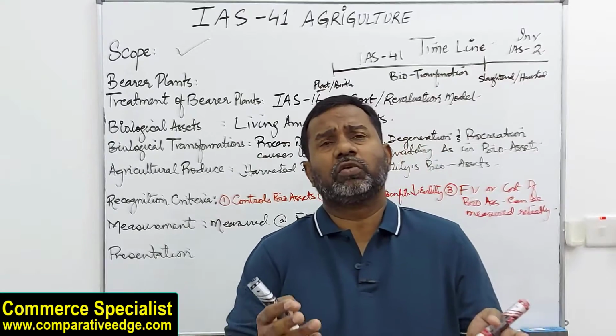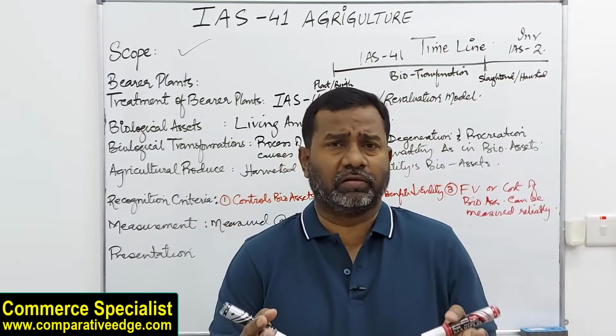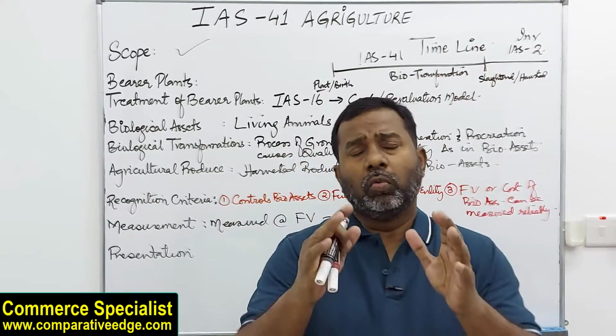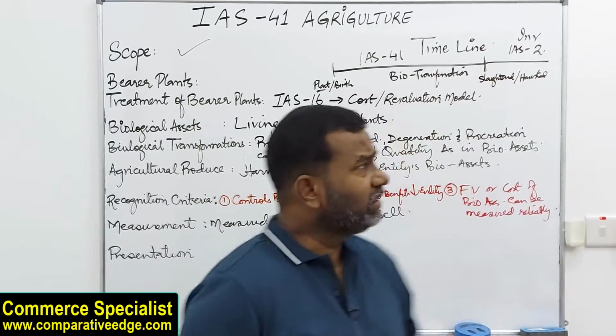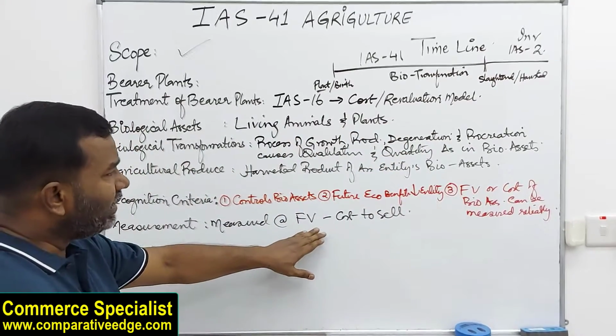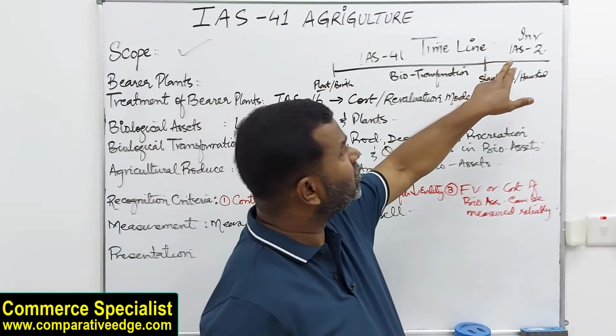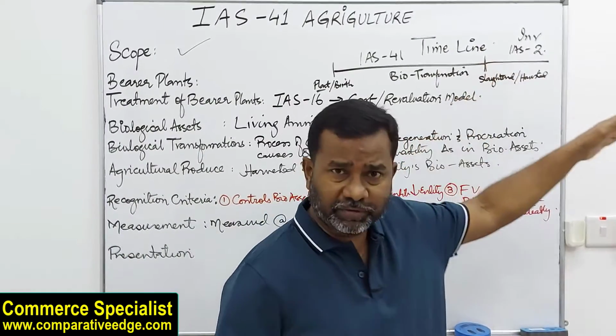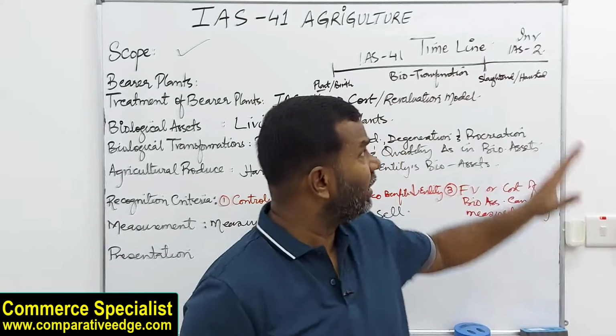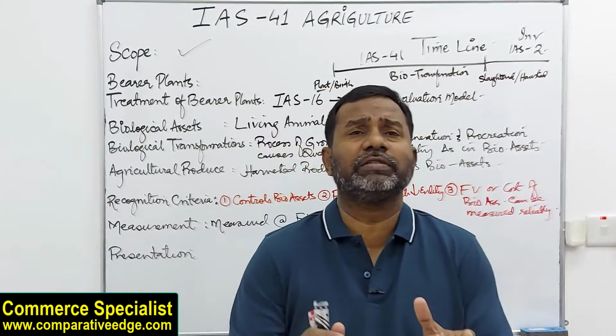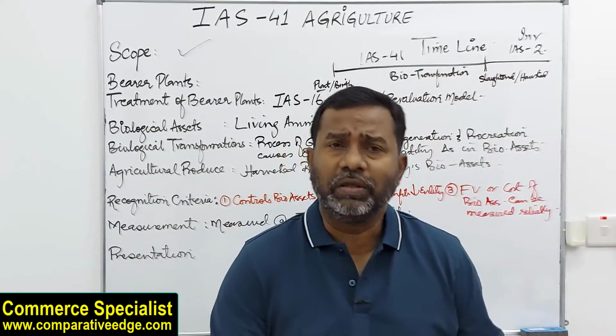This fair value less cost to sell is more like net realizable value. One thing you need to understand: this fair value minus cost to sell becomes the cost of agricultural produce after harvesting.